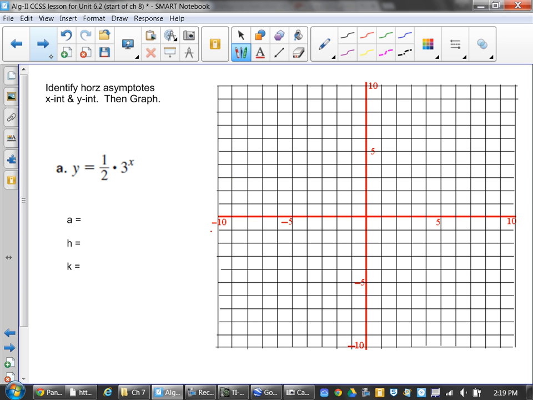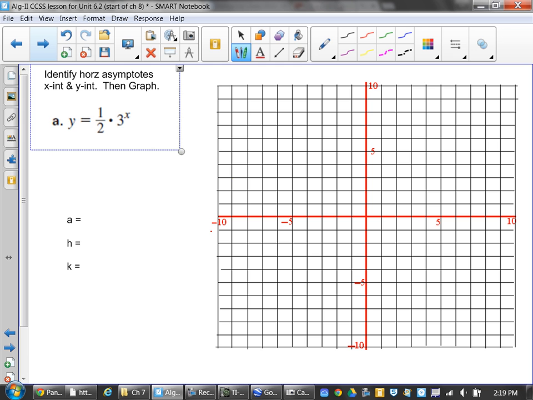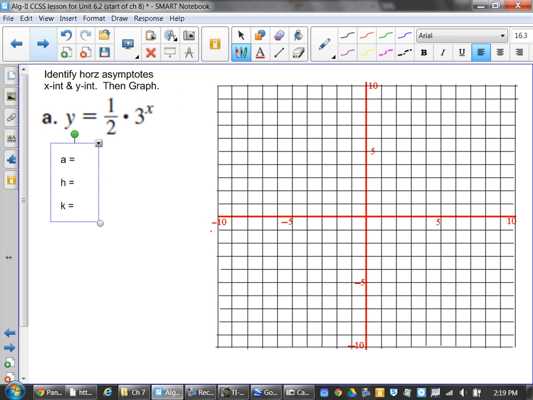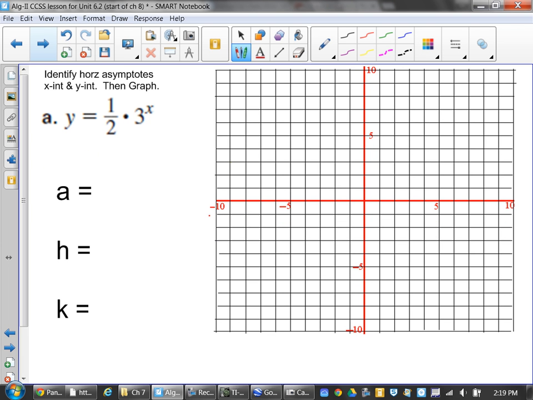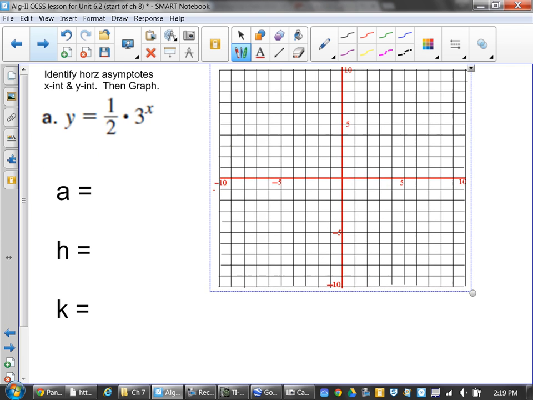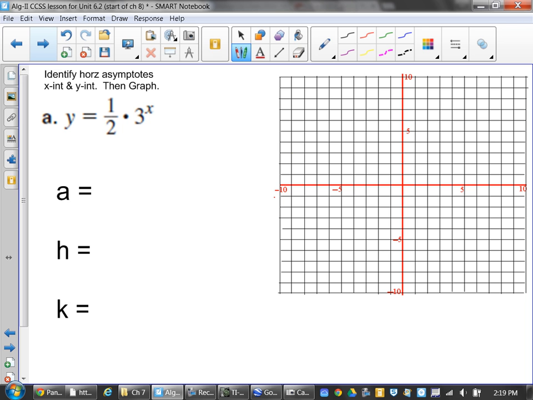So let's look at this. I'm going to start with a non-shifted function with a different A value to walk you through what this is going to look like. Yes, you're going to work with some fractions, and you're going to have to be able to do some of these problems without the use of a calculator.